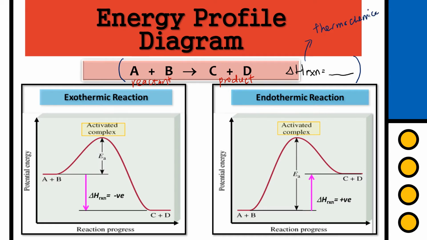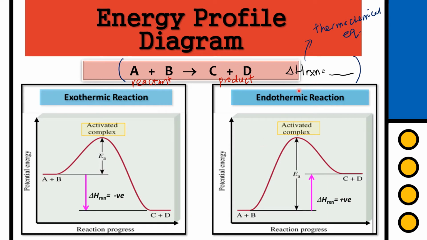Okay, thermochemical equation. And you will see more of this thermochemical equation later in chapter 2. So now, how do we know whether we're going to draw this one or this one based on the delta H reaction?